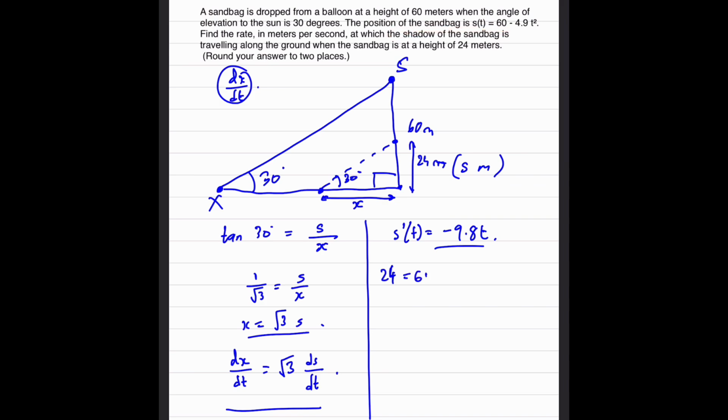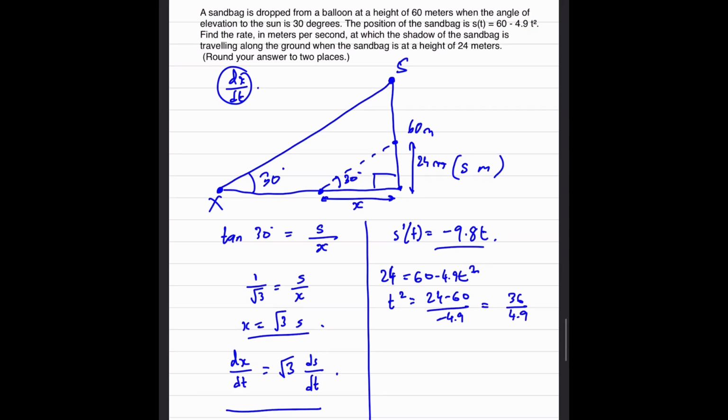So 24 equals 60 minus 4.9 t squared. That means t squared is going to be 24 minus 60 by minus 4.9, which ends up being 36 by 4.9. And therefore t is going to be, when we take the square root of that fraction, 6 by the square root of 4.9, which is approximately 2.71 in decimal.